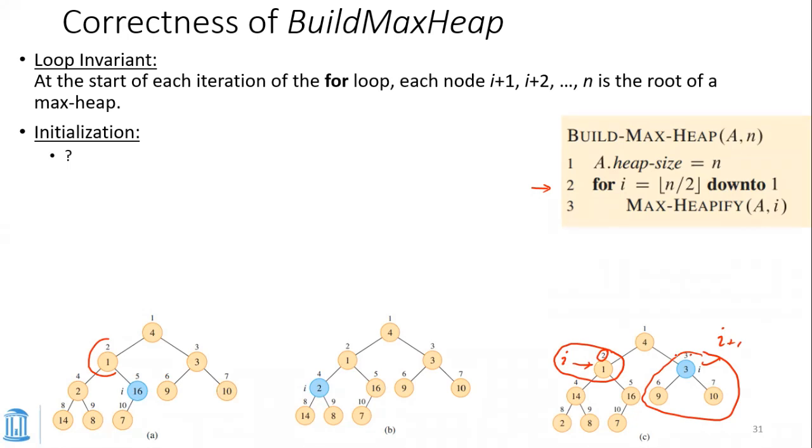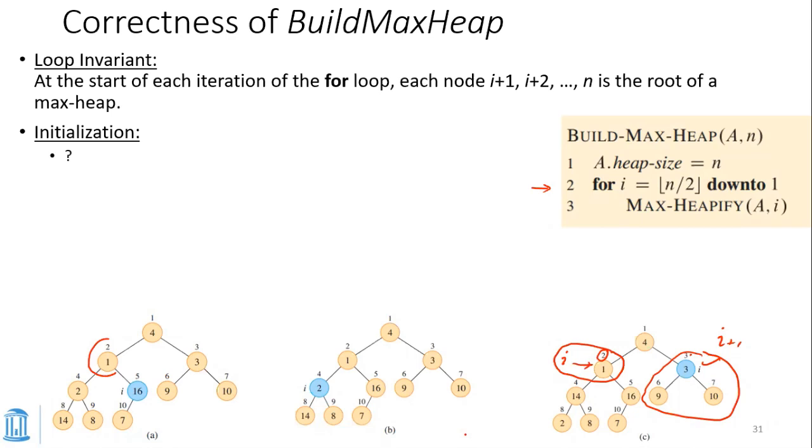Why? Because we're going upwards, right? And as we're going upwards, at every I we're converting, and after we're done with that entire loop, that particular subtree rooted at that index I has already been converted into a max heap.